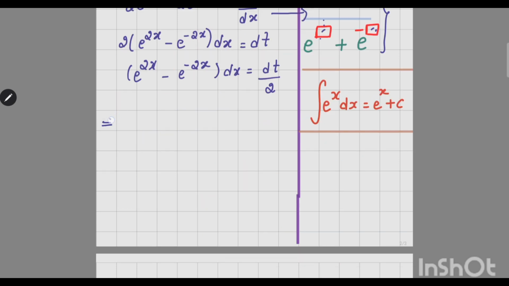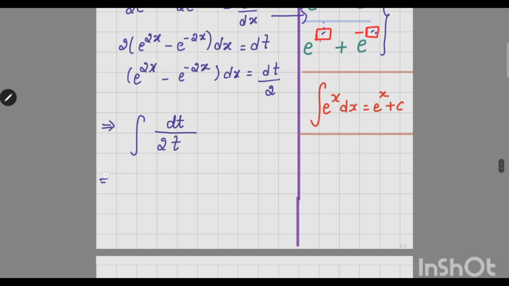So now this implies the integral of, in the numerator it is dt divided by 2t. Now this implies, let us take 1 by 2 outside, which is constant, and integral of 1 by t with respect to t. Now what is the integral?